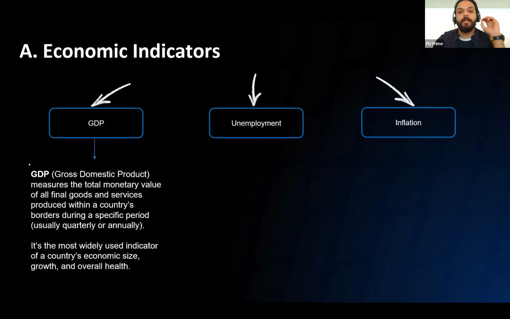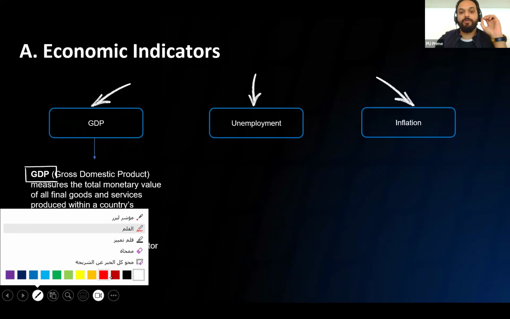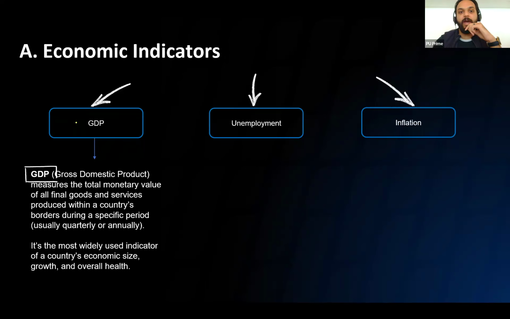Good. Now, what does this GDP show? Now, if I told you we have two countries, right? We have country A and we have country B. Country A has produced goods and services worth $1 million in dollar value.